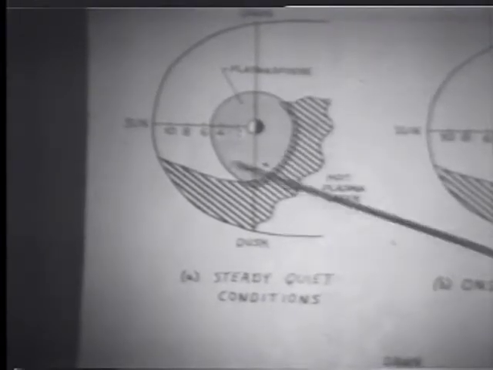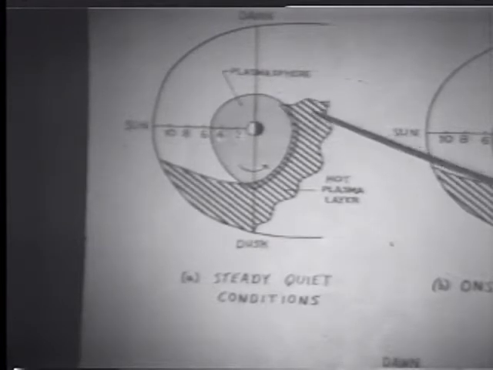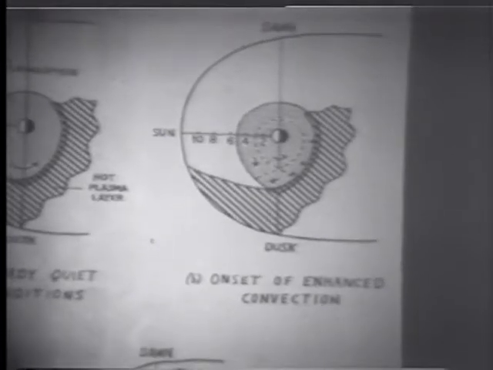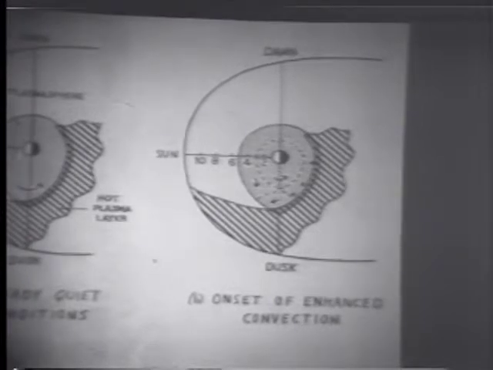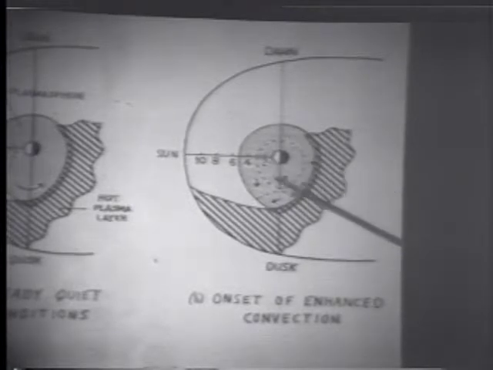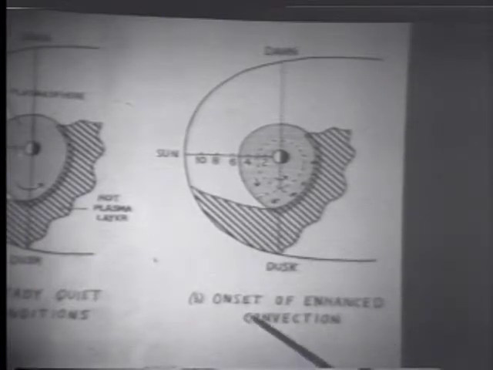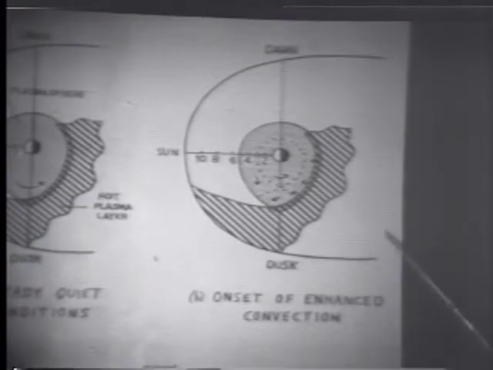We'll just worry about this particular sector right now. At the onset of activity with a rapid enhancement of the convection field, it will penetrate initially to the inner regions. It takes a while to develop the current systems to actually shield it off. It initially will penetrate and will give you a smaller teardrop size where you start getting co-rotation here and drift off in this direction, which probably begins to develop a tail or a detached region.